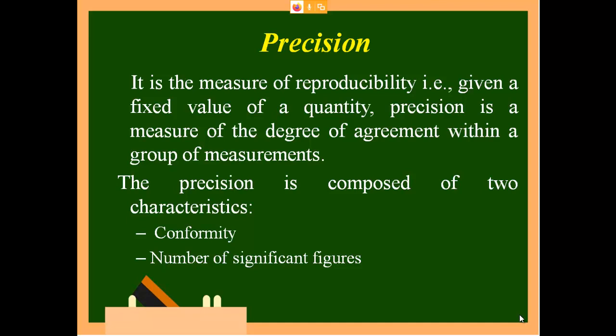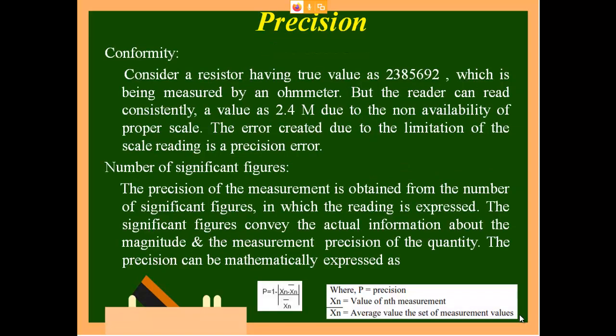So there is a difference between accuracy and precision. Precision is compared by two characteristics. One we call conformity, and the next one is the number of significant figures. From the word itself it is very clear. Conformity is, I am confirming there is none other than this, so that is called conformity.